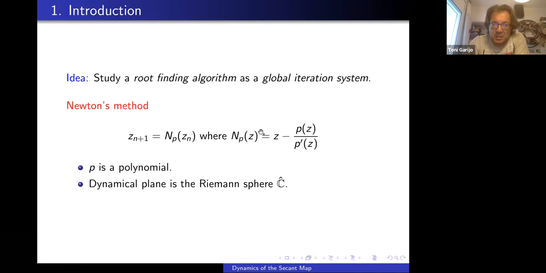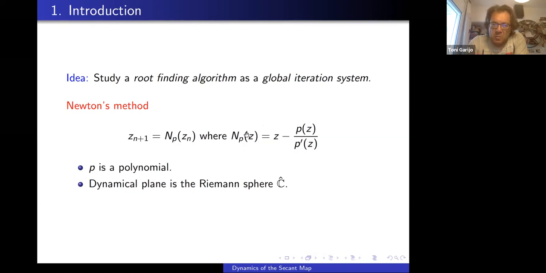For example, when you apply the Newton algorithm as a root finding algorithm, at every step you construct the next iterate using the previous one. This is using this function, the Newton map, and this is very common.